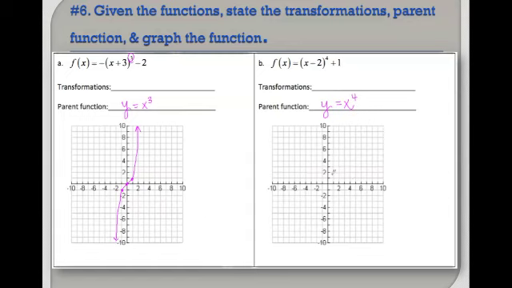For an x to the 4th, they go very much like an x squared, but it's a lot flatter. So instead of going right up like this, like an x squared does, it goes flatter. But then it climbs very rapidly.